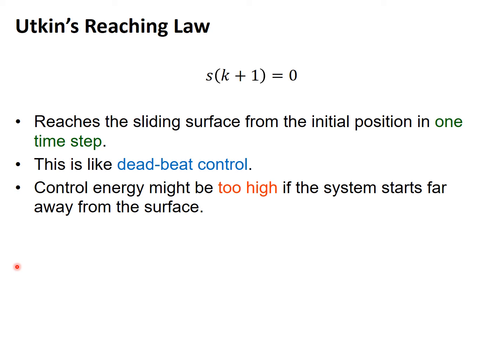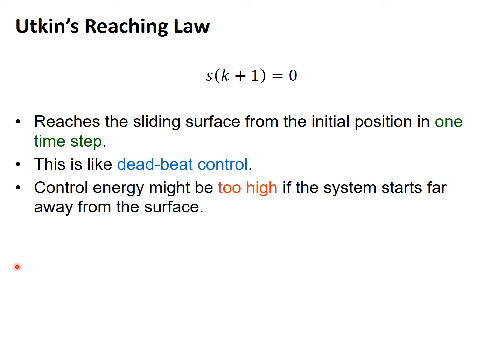You will have some control action coming in, and whatever expression you are having, you make it 0, and you will be able to calculate the control action. So in one step, the sliding surface will come to 0. This is like deadbeat control. One problem here is that the control energy might be too high if the system starts far away from the surface.